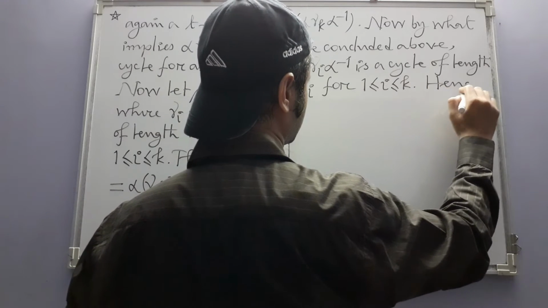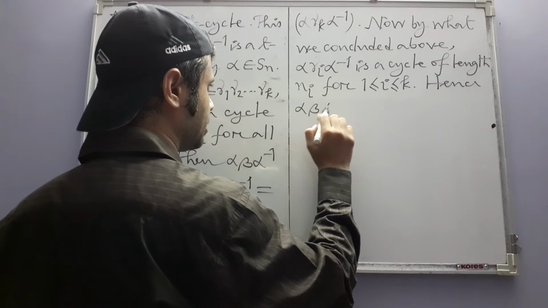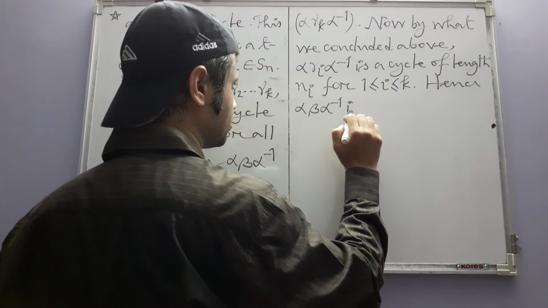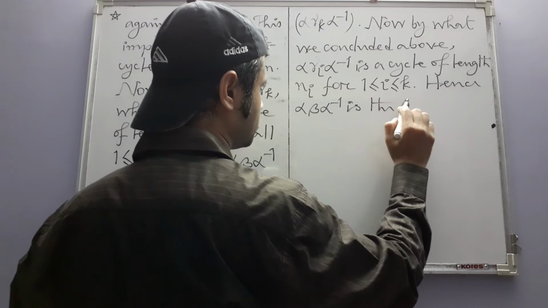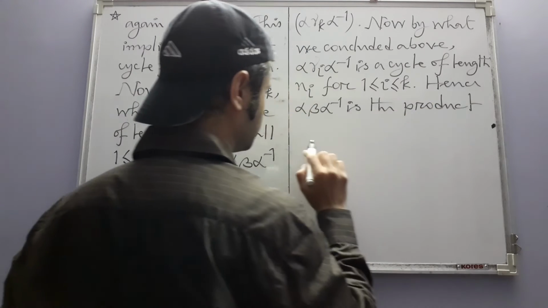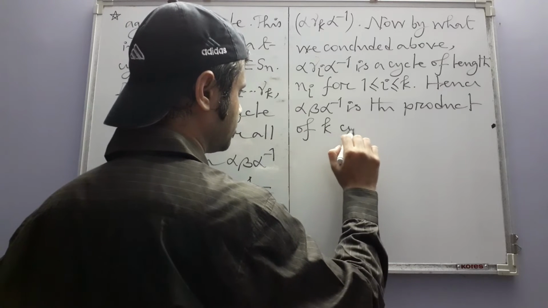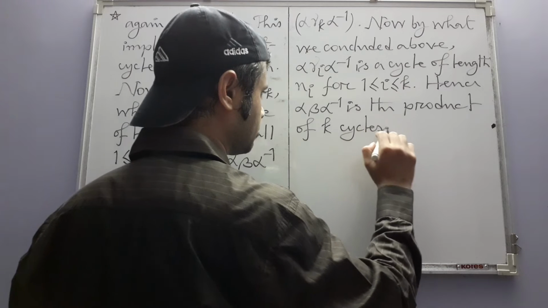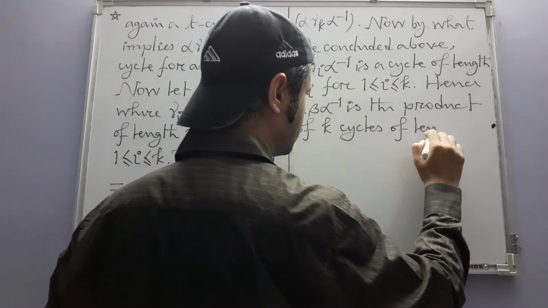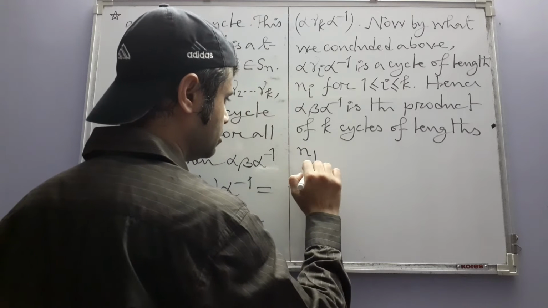Hence, alpha beta alpha inverse is again also just like beta the product of k cycles of lengths these.